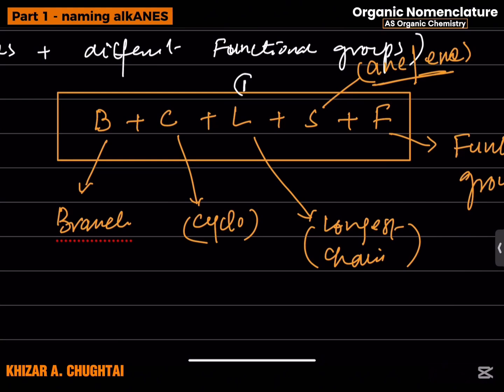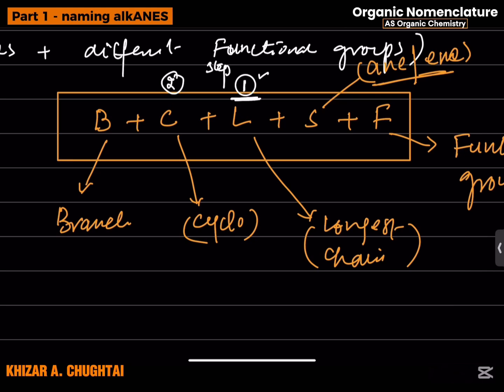First of all, you will select the longest chain, having the maximum number of carbon atoms. Then you will check whether the compound is cyclo or not.